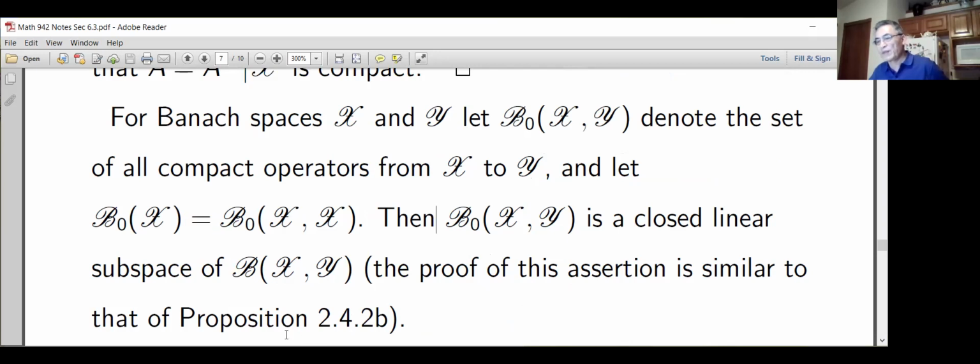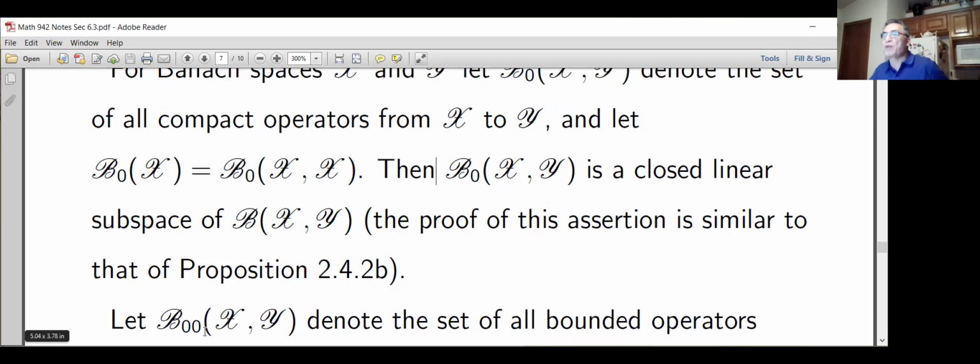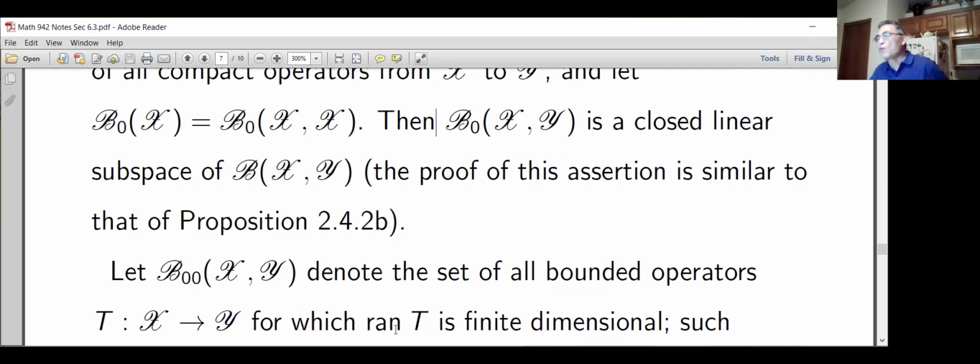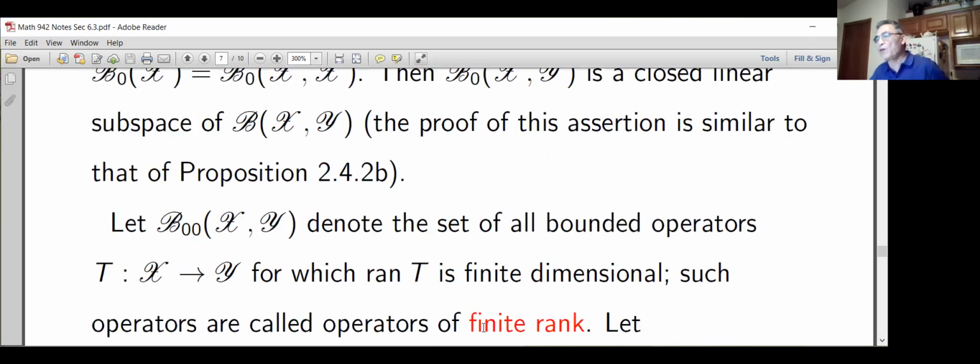Now let B00(X,Y) denote the set of all bounded operators T for which range T is finite dimensional. Such operators are called operators of finite rank. So B00 denotes the set of operators of finite rank.